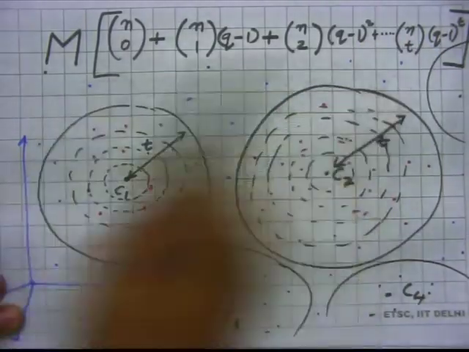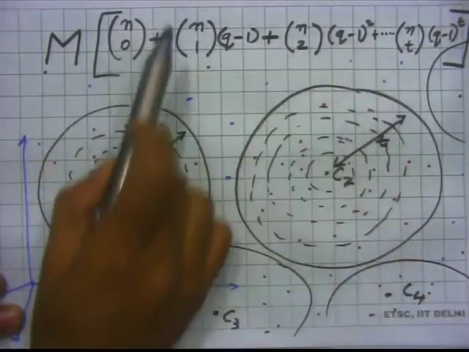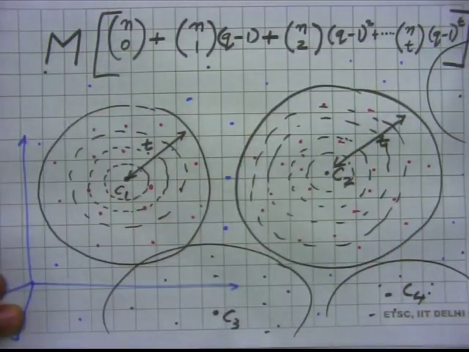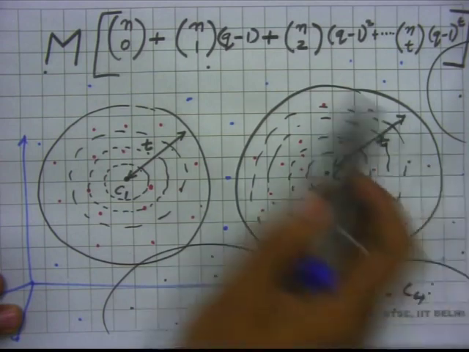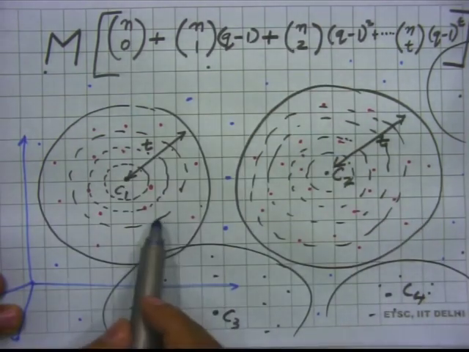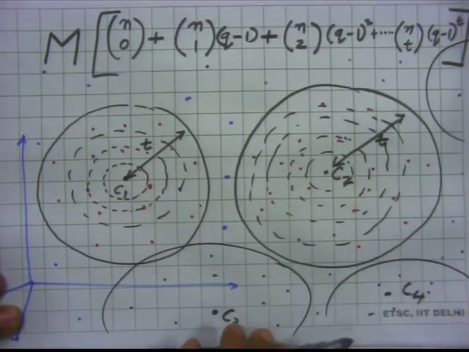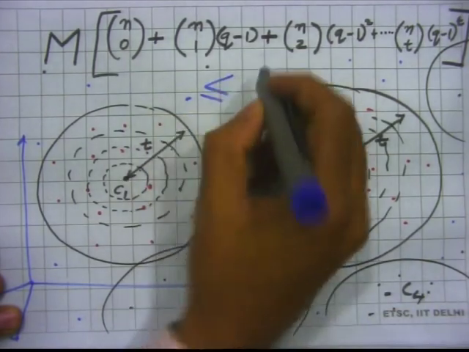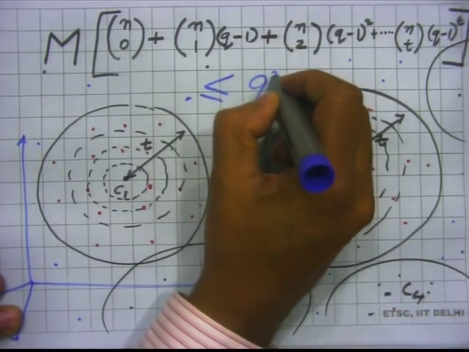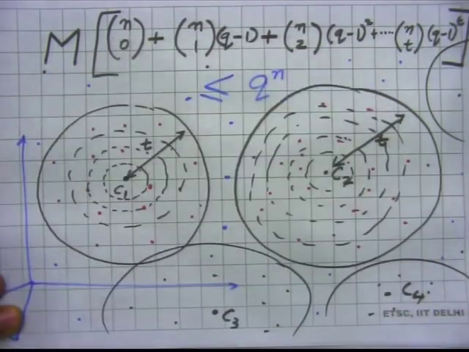So far, we have accounted for all the points in M spheres. But what is this total number of points, all the red dots and the blue dots and the black dots? Well, all of them should necessarily be less than or equal to q raised to the power n, which is the total number of vectors in this space.